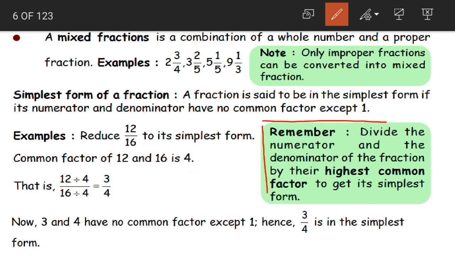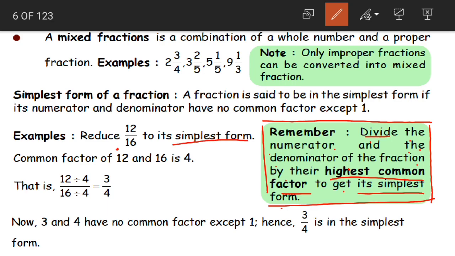Can you see this green box here? What is written? Divide the numerator and denominator of the fraction by their highest common factor to get its simplest form. So when we get any fraction which is to be converted into its simplest form, we should divide the numerator and the denominator by their highest common factor.